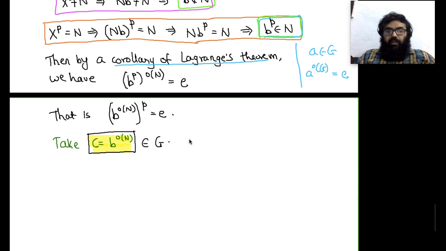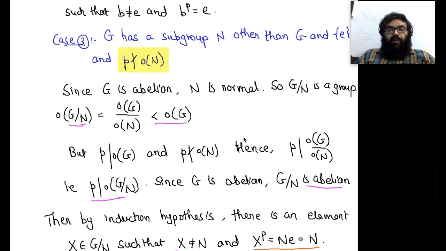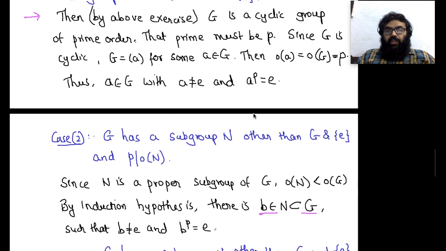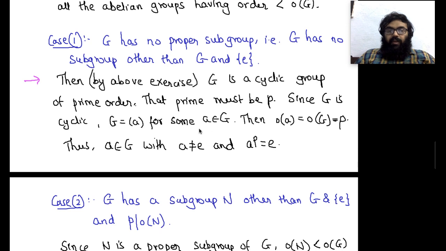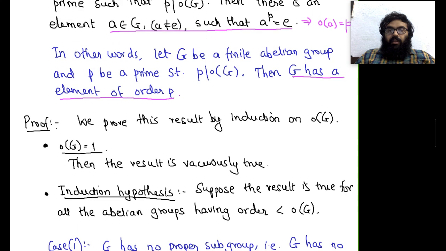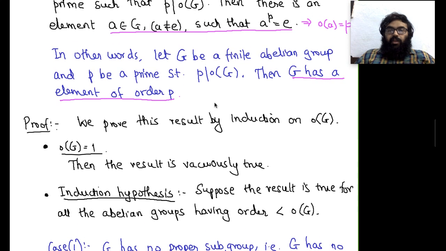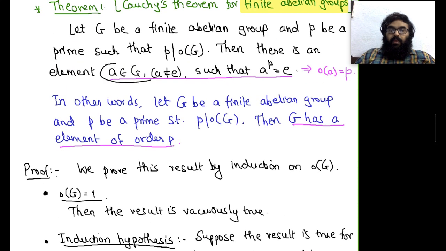And what is the property then? C power P: this is C, b power order of N is C. So C power P is identity. So the first thing is already done. We wanted to find an A in G such that A is not identity and A power P is identity.